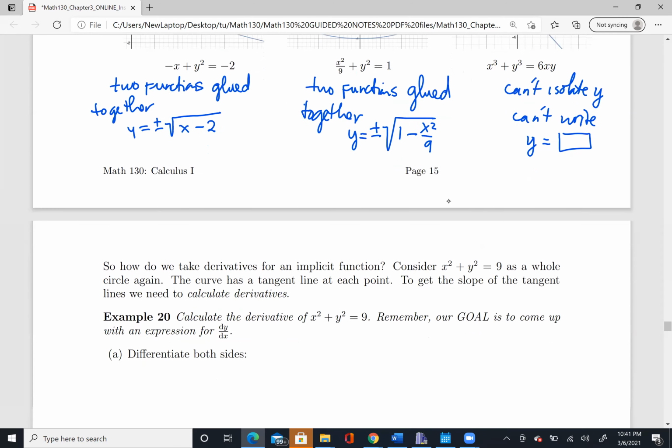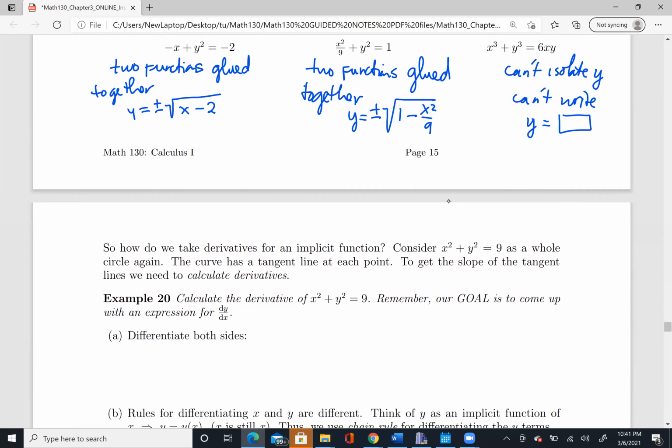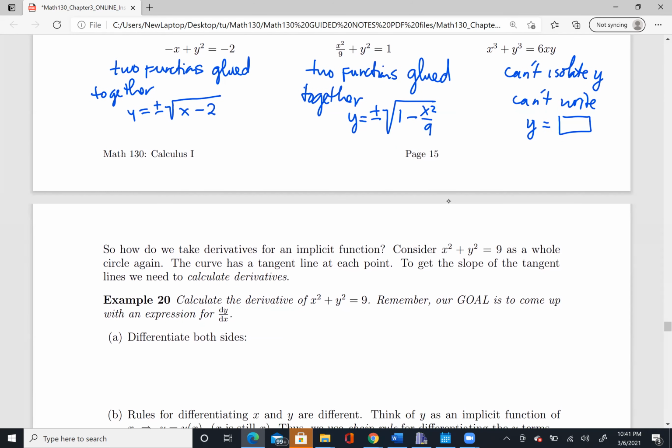So how do we take the derivative of an implicit function? Consider x squared plus y squared equals 9 as a whole circle again. The curve has a tangent line at a point. To get the slope of the tangent line, we need to calculate the derivative.